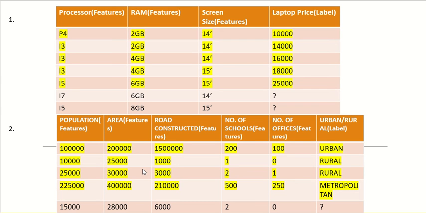It identifies which pair of features will belong to which classification, whether a different classification or a similar classification to another pair, and accordingly it separates and makes clusters. Of course it won't know that it is urban or rural or metropolitan.